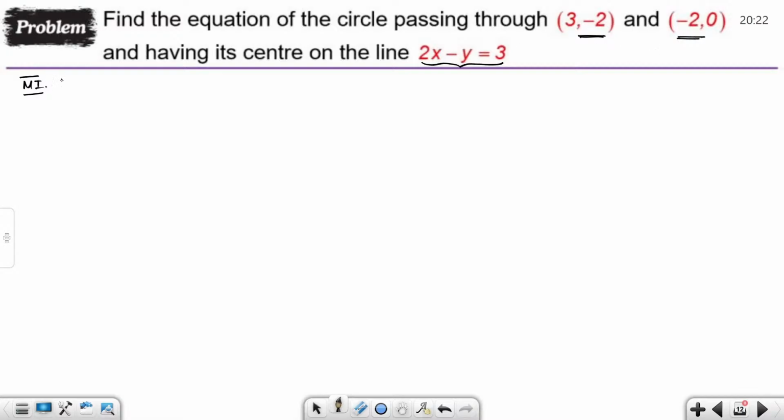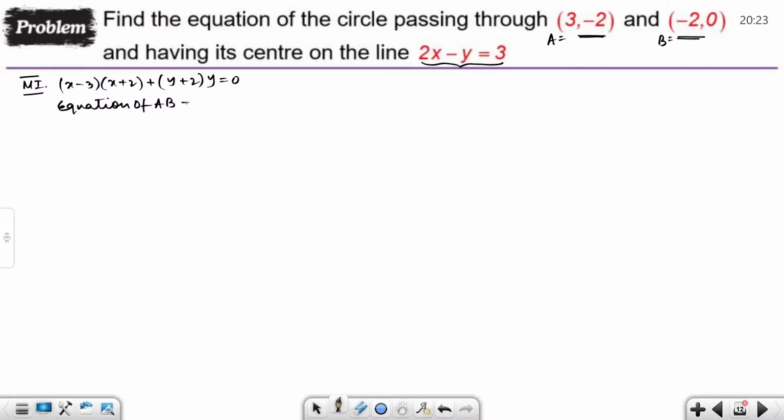So the equation will be, this is the equation of that circle in which your point A is this point and B is this point. These are the extremities of the diameter. Now, what is the equation of the line passing through these two given points? I want to find the equation of line AB.